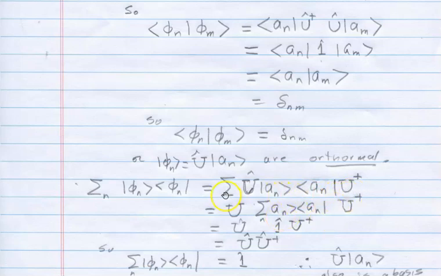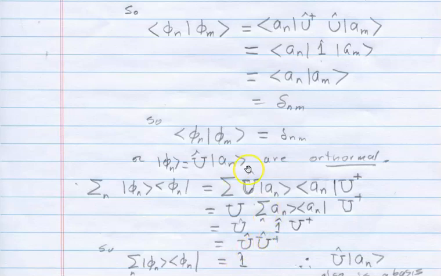The summation is over n, and U and U dagger don't depend on n, so I pull them to either side. But I'm given that the ANs were complete, and so this is the identity. So then I get U U dagger, which is U U inverse, and that's just 1.